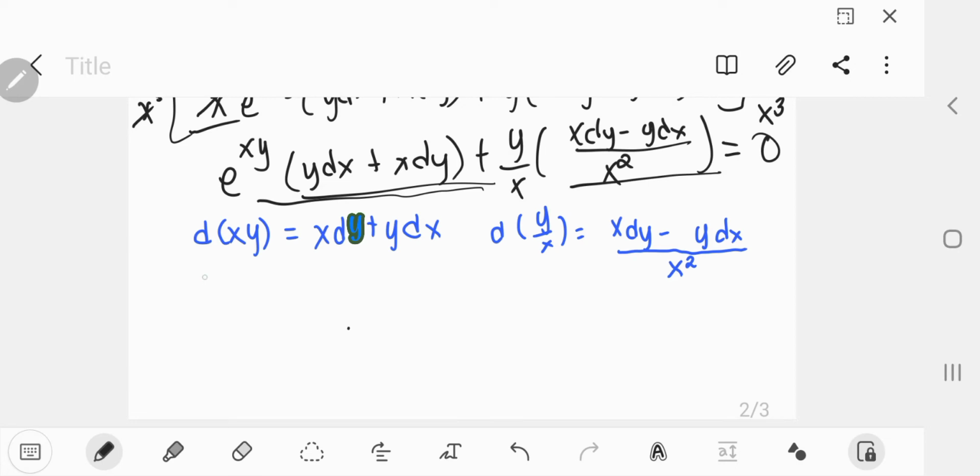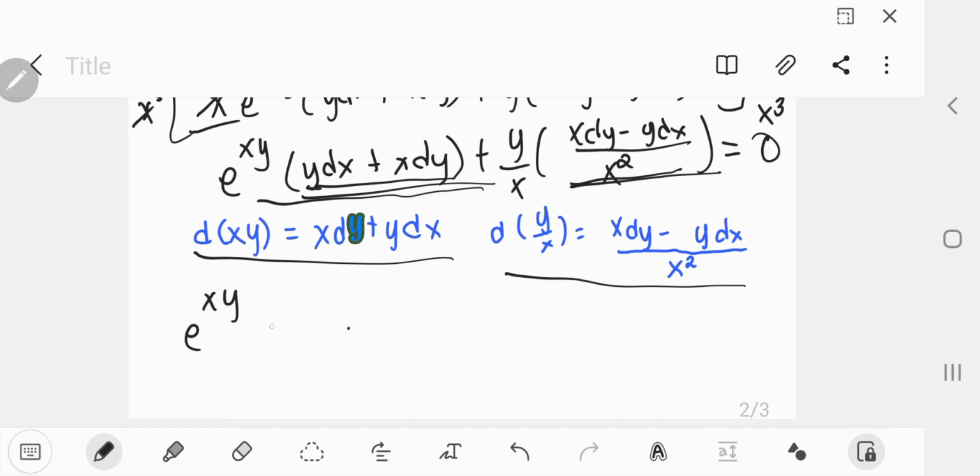And now let us use this integrable combination. As we notice, this part is equal to d of xy, and this part is equal to d of y over x. So let us rewrite it. So we have e raised to the xy times d of xy plus y over x times d of y over x.